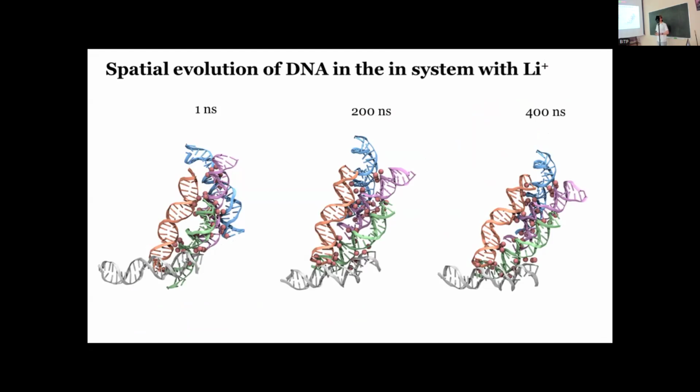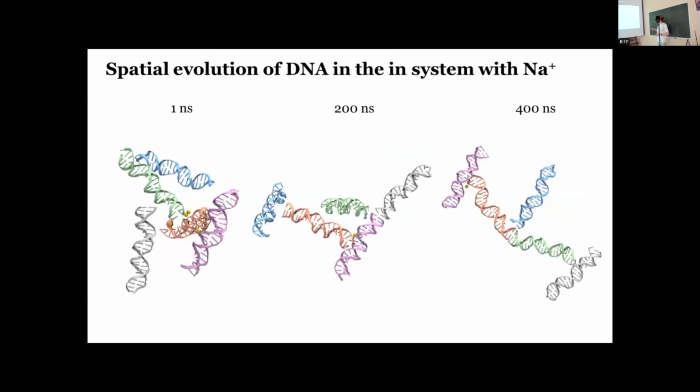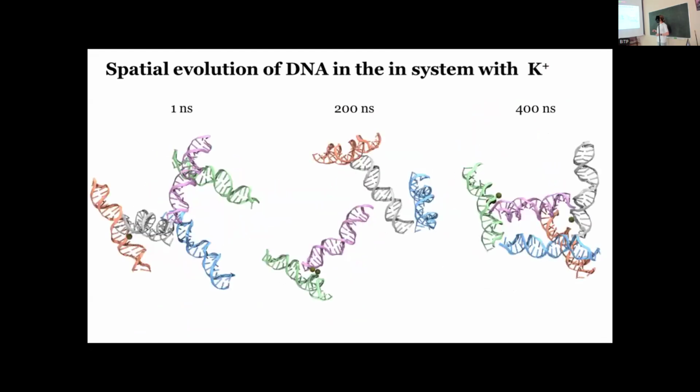It can be clearly seen that the DNA molecules approach each other closely and form a clustered arrangement. While in the case of sodium ions and also potassium ions, the DNA stayed more separated, as you can see, and only single contacts can be observed.